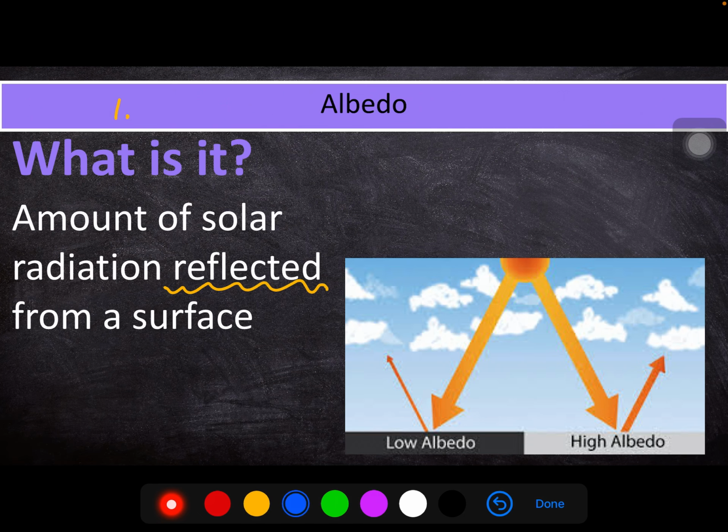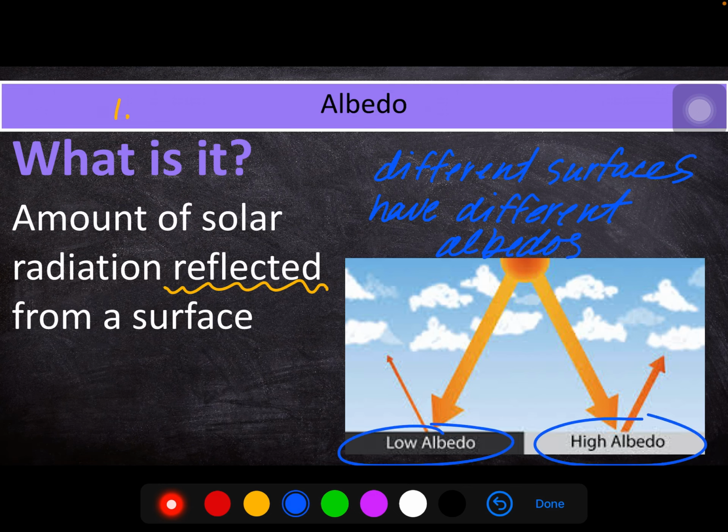And what we've discovered in our investigation here is that different surfaces have different albedos. We have some that measure as high albedo and some that measure as low albedo. And it all depends on the surface's characteristic.